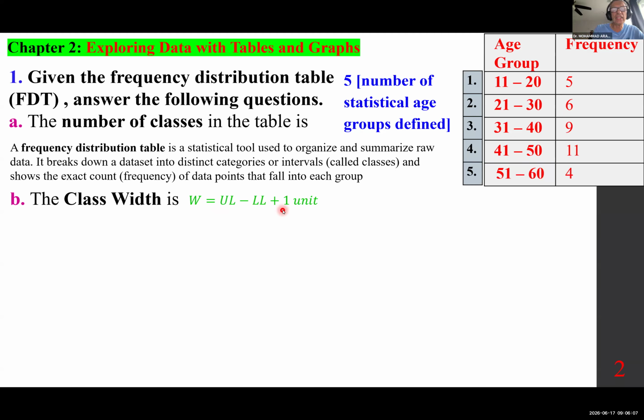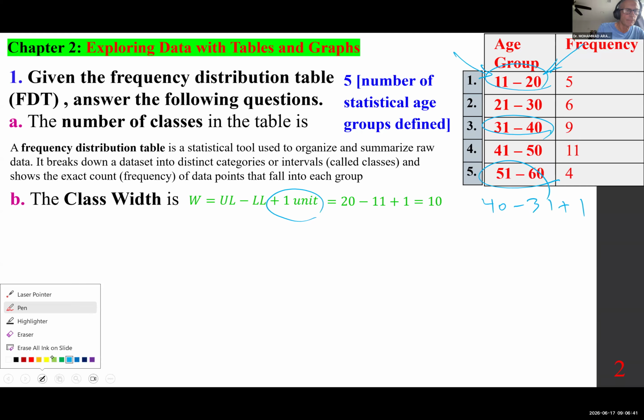So if you pick any class, if you pick this one, the upper one is 20, the lower one is 11. So 20 minus 11 plus 1. And by 1, we mean 1 unit, because sometimes that may represent 1,000 or 0.1. So 1 unit rather than 1. If you look here, 40 minus 31 plus 1. If you look here, the same thing. So that's one way to do it.